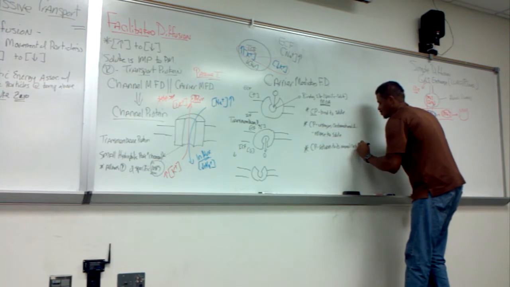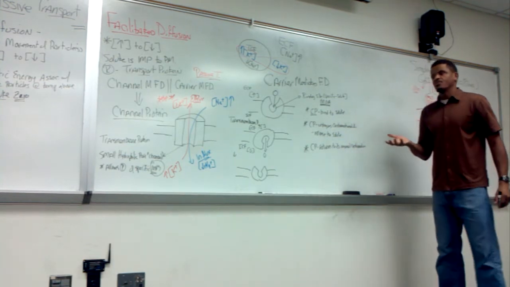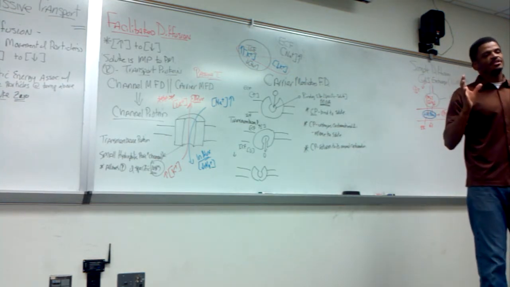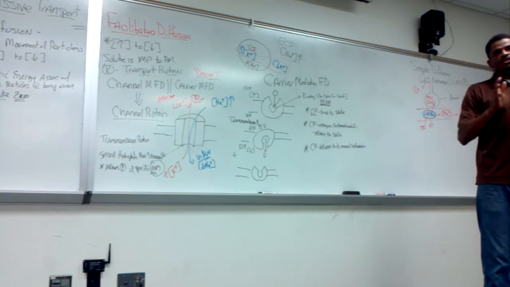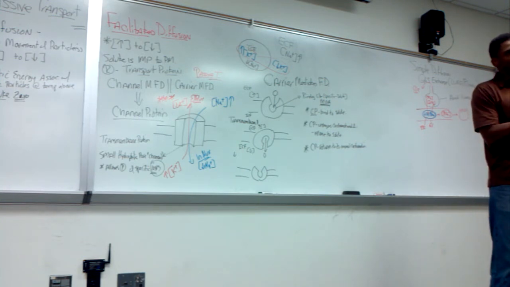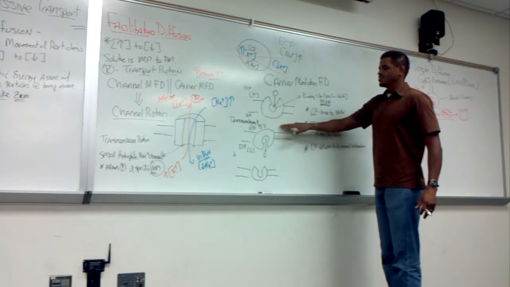Where it continues to what? Transport material across the plasma membrane from a region of what? Higher to lower. So all it's doing is just flip-flopping from one orientation to another as it binds a particular solute, transports that solute from a region of higher to a region of lower.